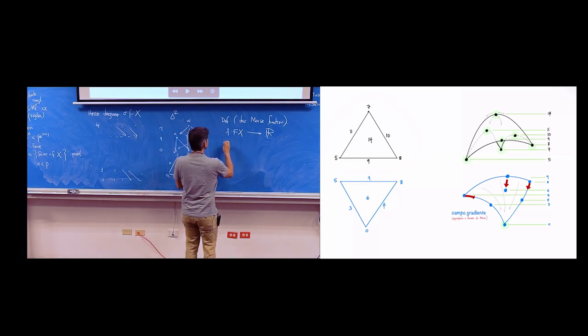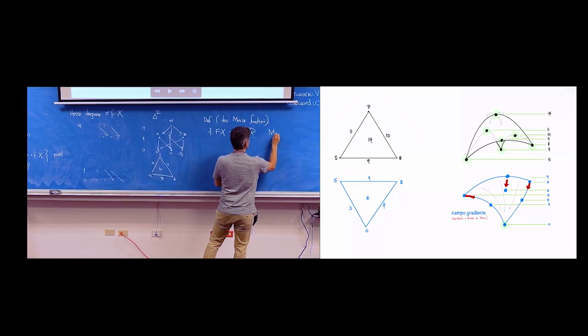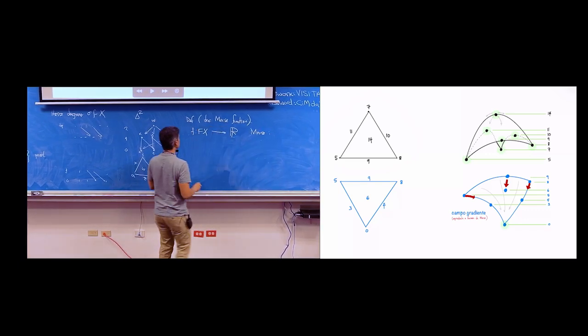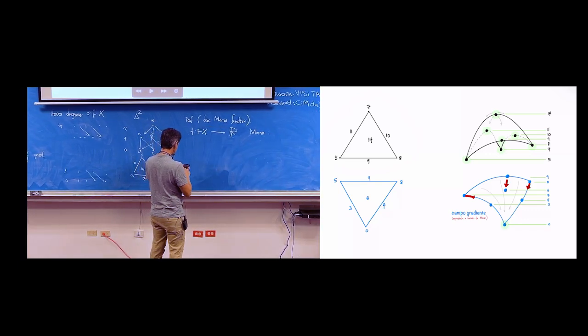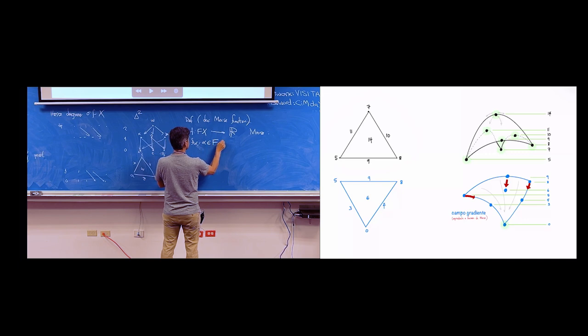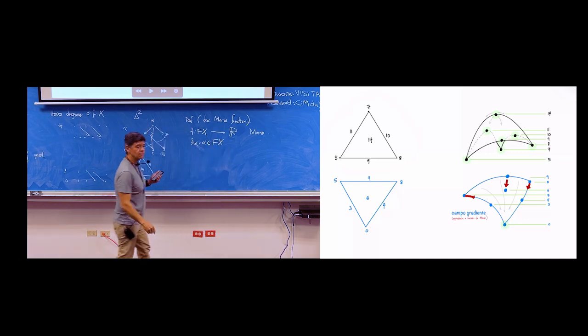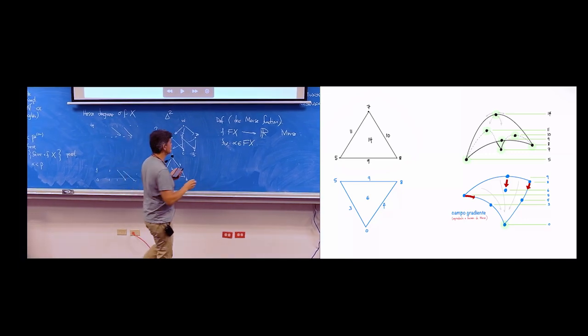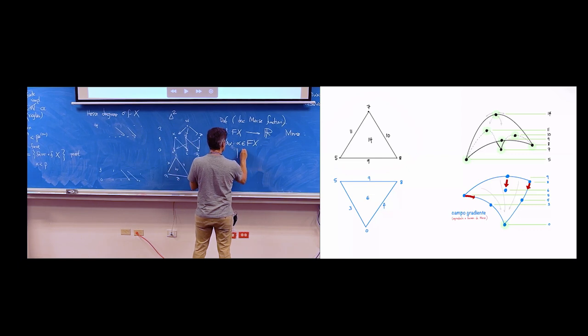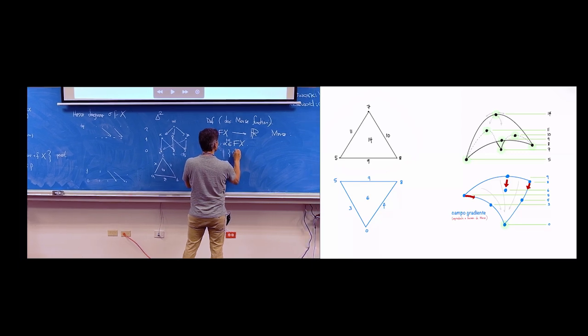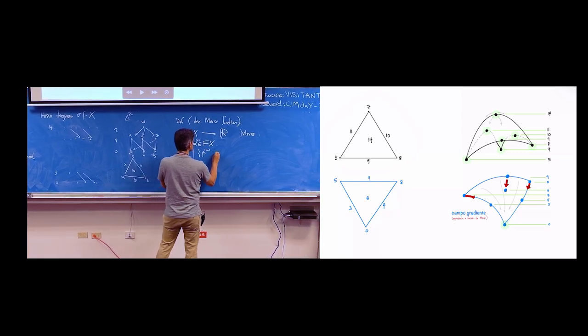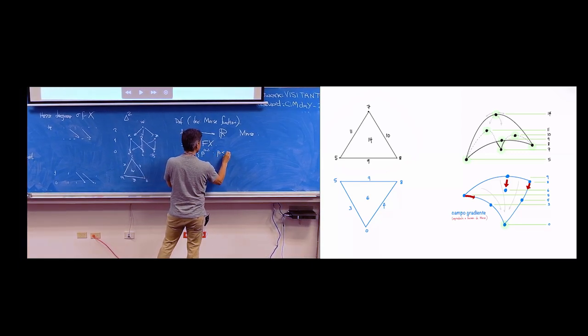Well, this is going to be a Morse function if the following happens. Look, fix a face alpha. Then for any such face, the following must happen. Look at the set of faces. So suppose alpha is of dimension p, and look at the set of b's such that b is a face of alpha.